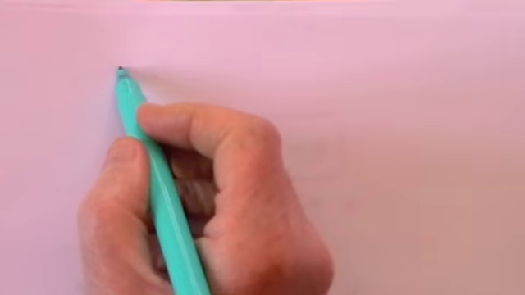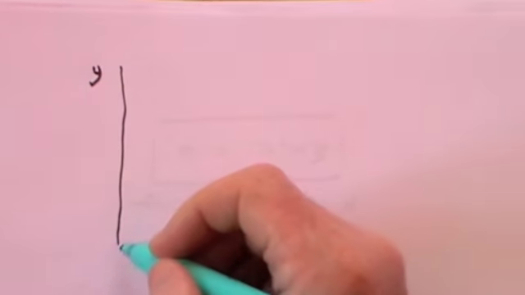So once again, let's see if I can persuade you that that's right, so you don't have to take my word for it. Again, I'm going to draw the coordinate directions x and y. This is x, this is y.